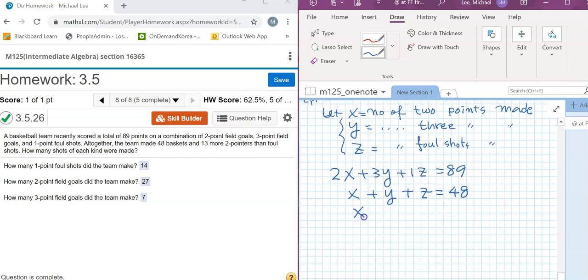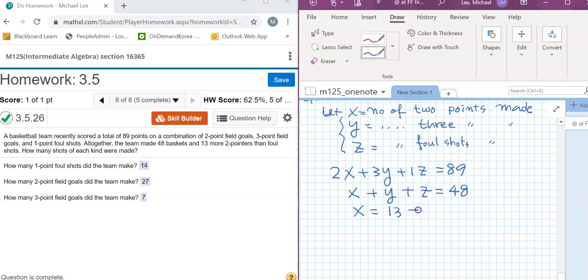X is 2-point shots, foul shots is Z. So X is 13 plus Z. We have this equation. I think the best way in this case is to substitute 13 plus Z for X.